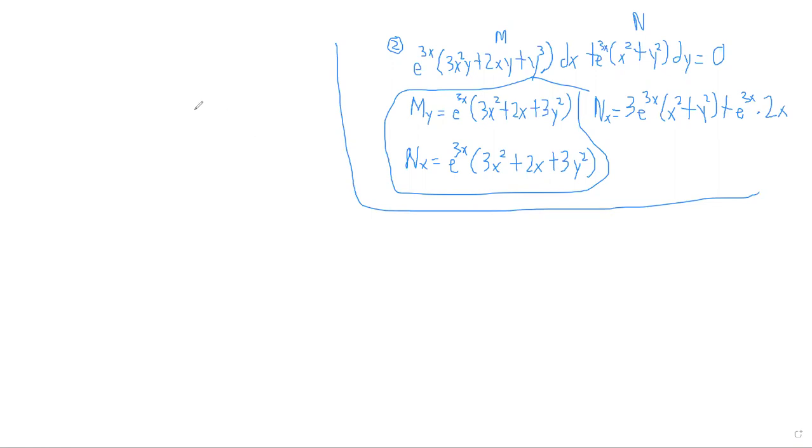Psi sub x of (x, y) is equal to e to the power of 3x times 3x squared y plus 2xy plus y cubed.